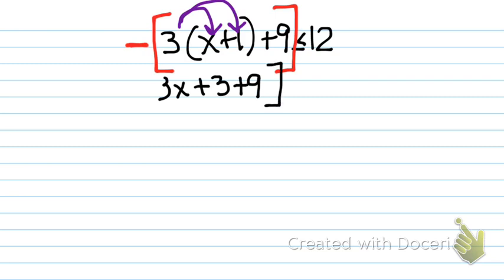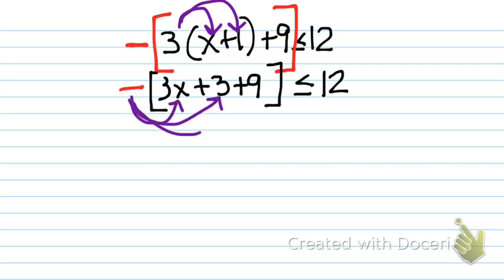And all of this still is inside of a brackets, and there's still a negative outside. We bring down our less than or equals to 12, and then we distribute the negative to all 3 numbers inside. You can also combine the 3 and the 9 together before doing this, but we recommend you immediately distribute the negative and drop the brackets.